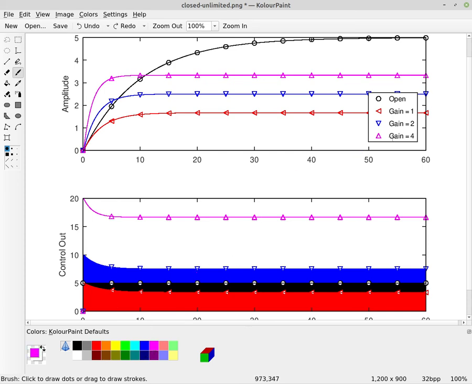On the other hand, if we look at this last one, a gain of 4, the system again responds really fast and gets to its final value very fast. But it's still nowhere near the set point value. So I have error.